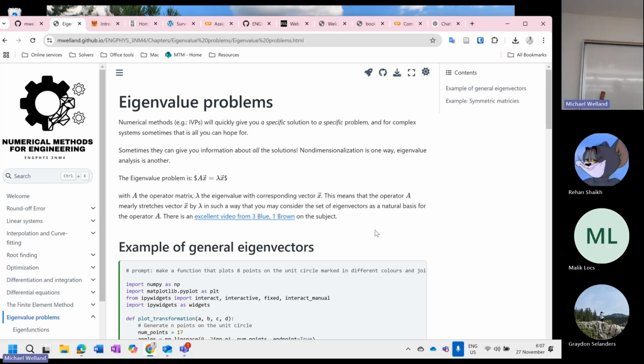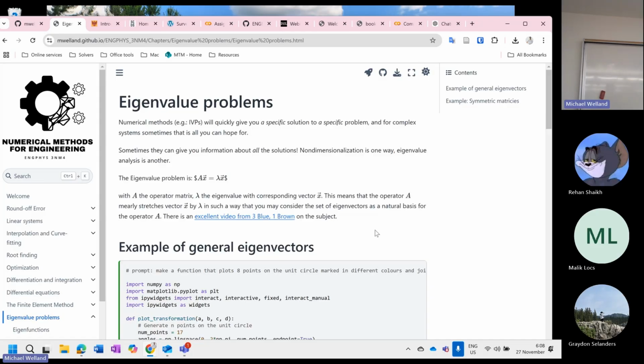So there are a few different uses for eigenvalue problems. The whole idea behind them is that you get information about your problem itself, not just the solution. So you can do things like work out any kind of frequency spectrum.